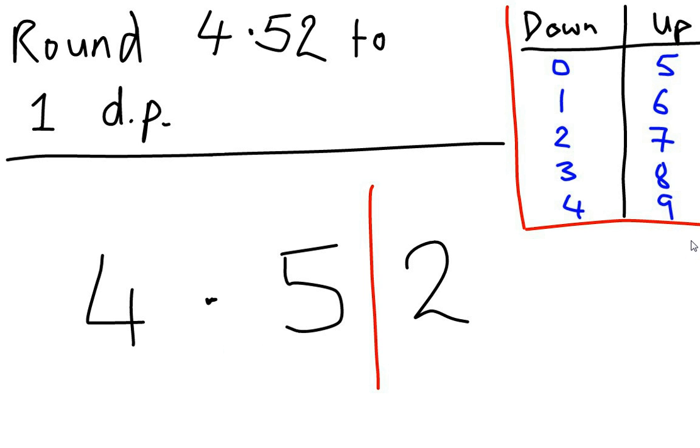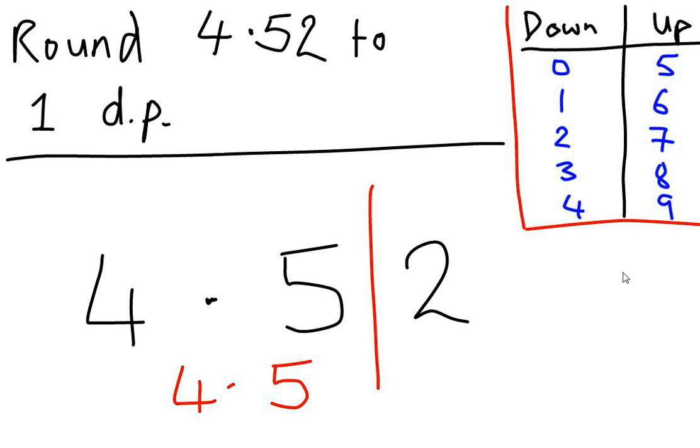Now, although we say down, what we actually mean is that that number stays the same. It won't actually go down to a 4. The 4.52 is rounded down to 4.5. Okay, so that's that one there, and remember our answer has to have one digit after the decimal place because we were asked for one decimal place.